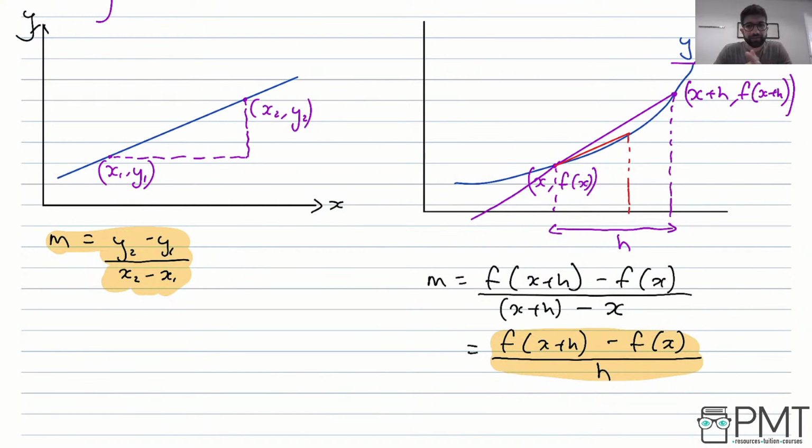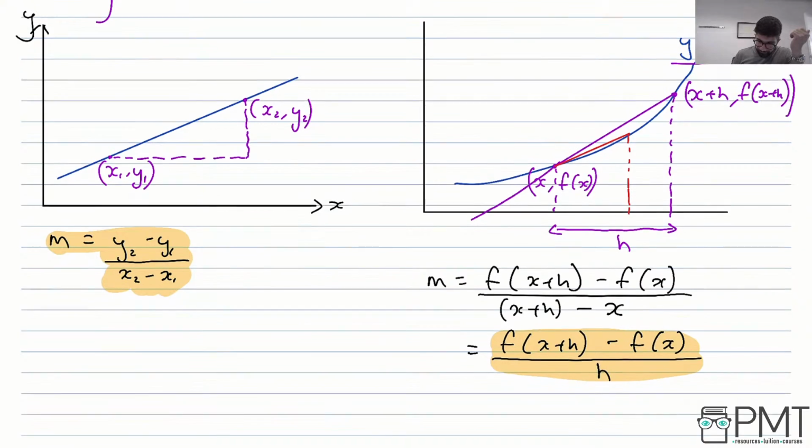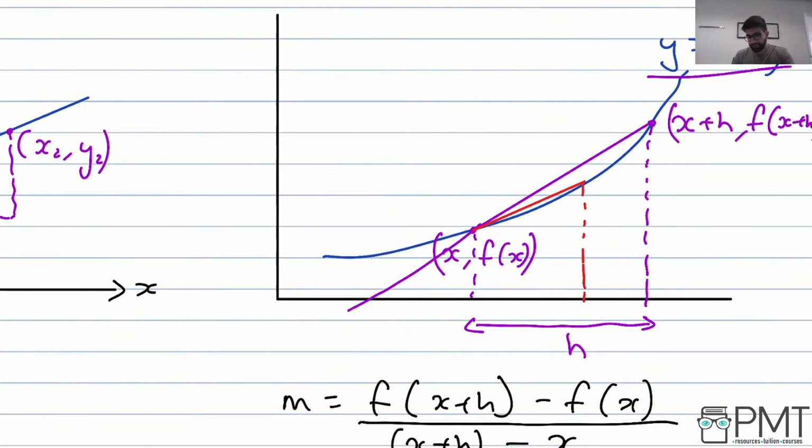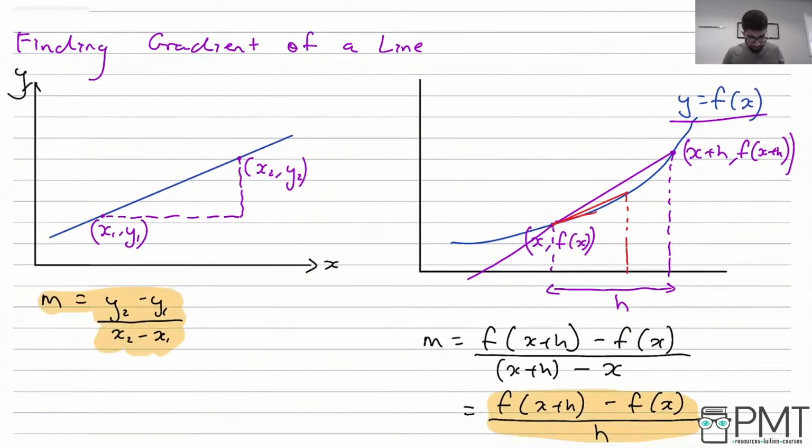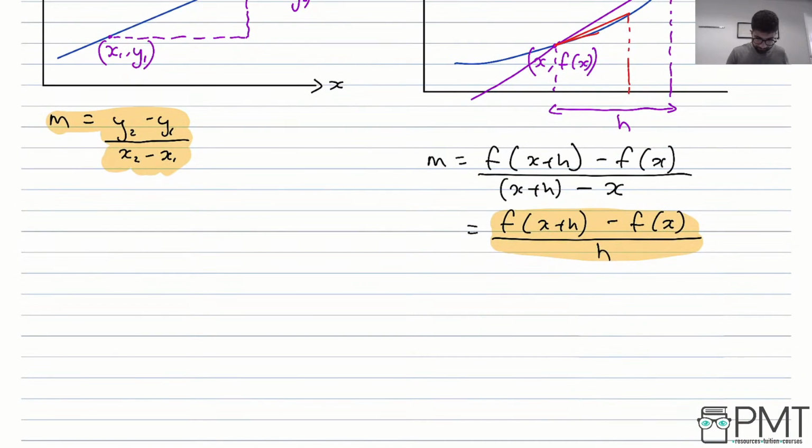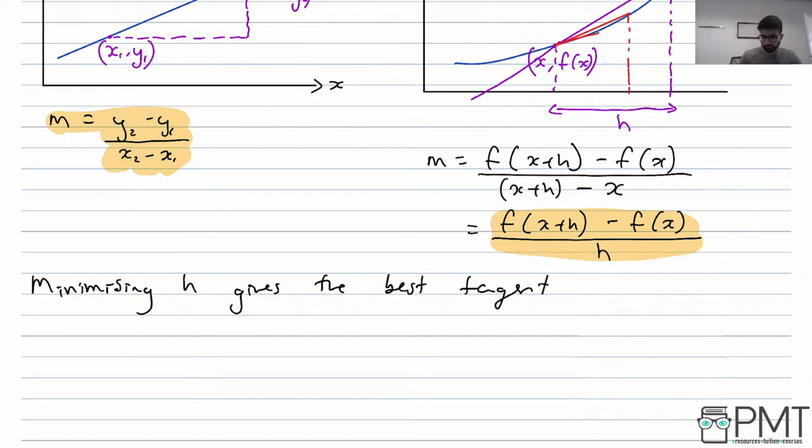So the idea here is I want to make h as small as possible, because you can see here the purple line has quite a large h. It's not the best tangent possible. You can draw it closer and closer. So minimizing h gives you the best tangent. Let's make a note of that. So we want to minimize h.